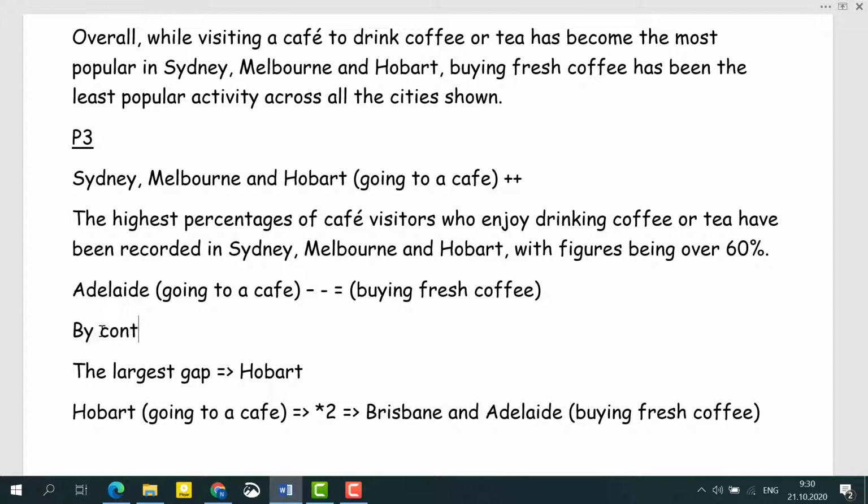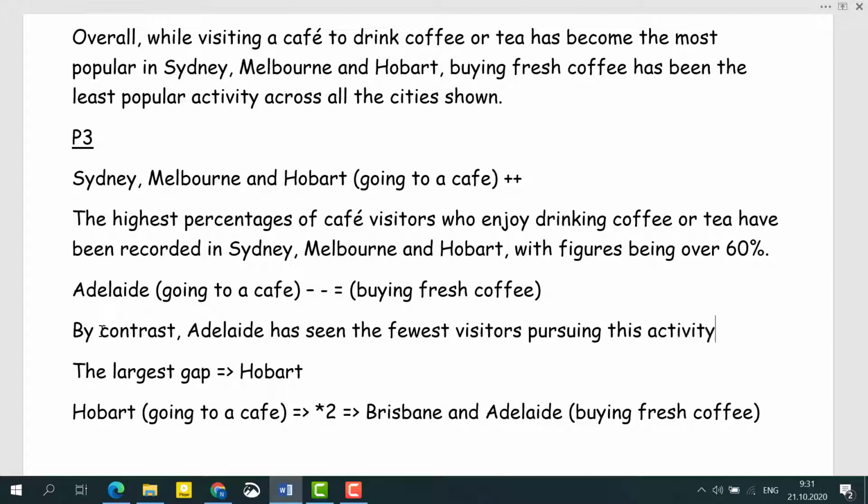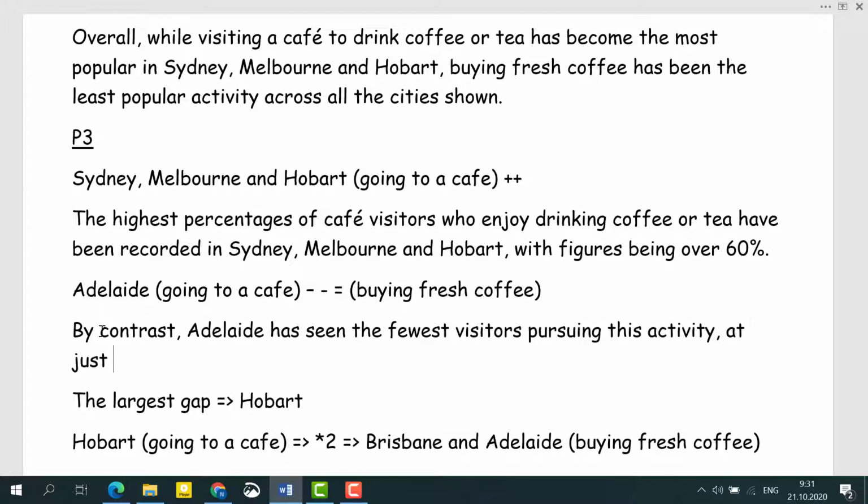By contrast, Adelaide has seen the fewest visitors pursuing this activity at just under 50%.